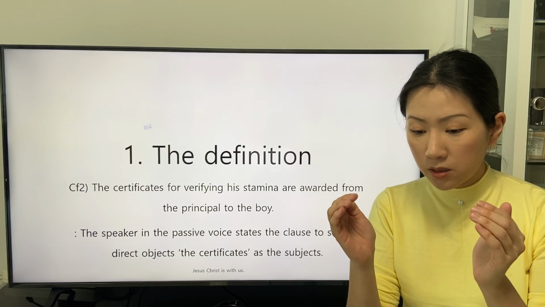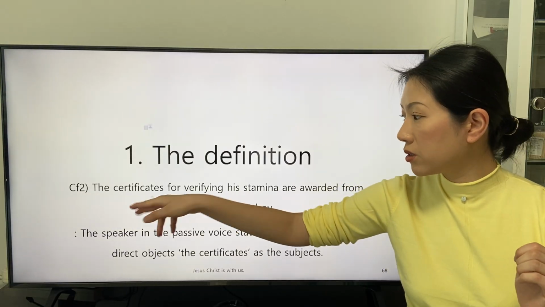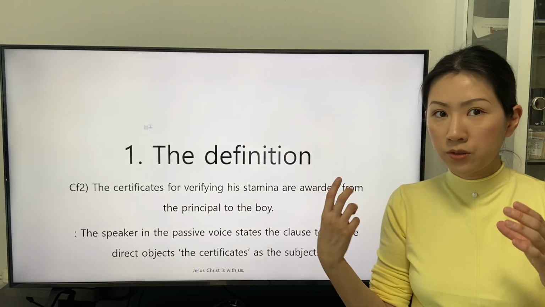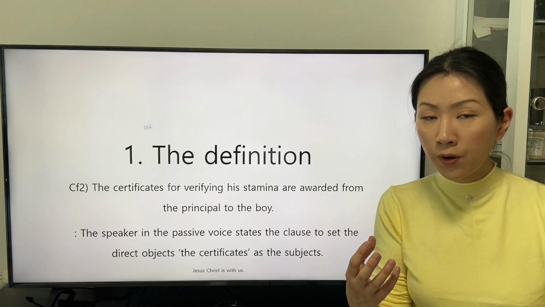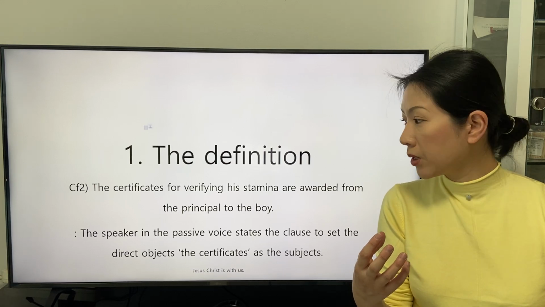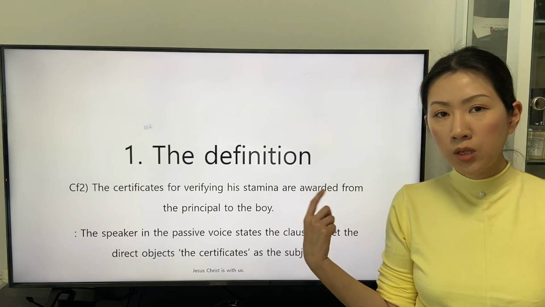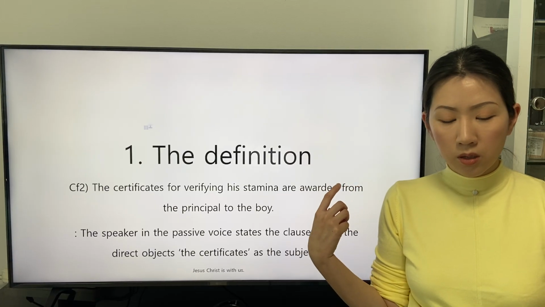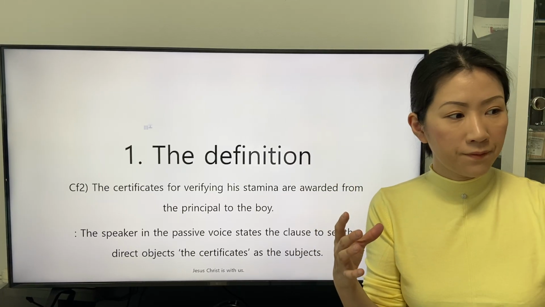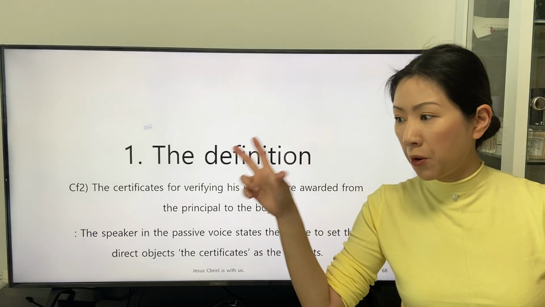The direct object, the certificate, received the definition of the transitive verb award from the subject, the principal, in the midst of the subject and the indirect object.